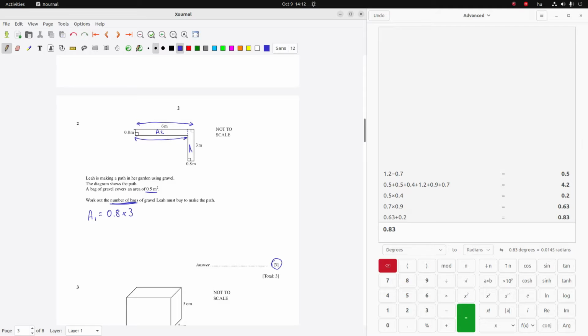This distance is 6 meters. So this distance is 6 meters minus 0.8. Right? Because if we used 6 meters over here, we'd be counting this part twice. We don't want to count that part twice. So let's see.